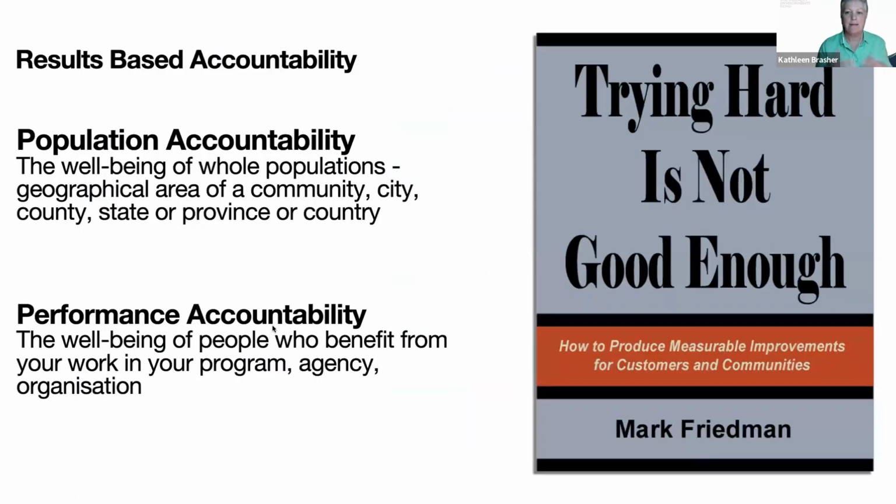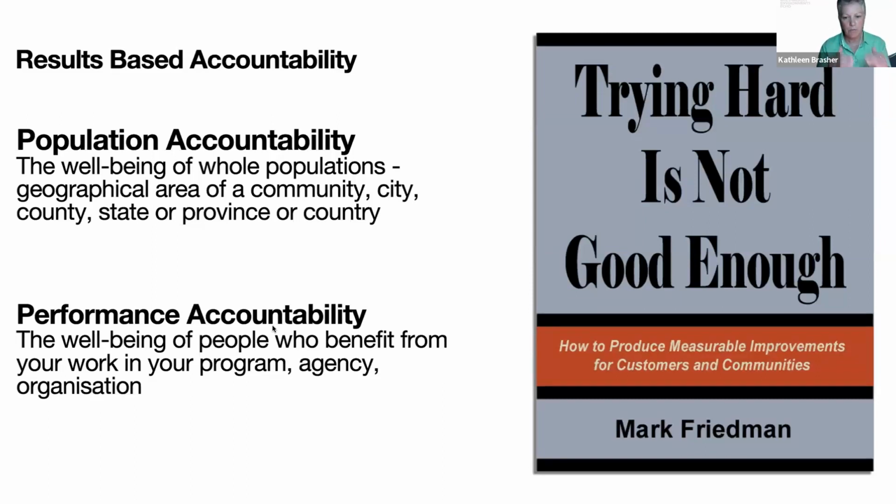And this understanding of the difference between these comes from results-based accountability, and it gives us a framework for monitoring and evaluation that enables us to separate these two things. And in RBA, population accountability is about measuring our progress towards the well-being of a whole population, whether that's a large apartment complex in a major city, whether it's a whole city itself or a small town, whether it's a province or a state or even a whole country.